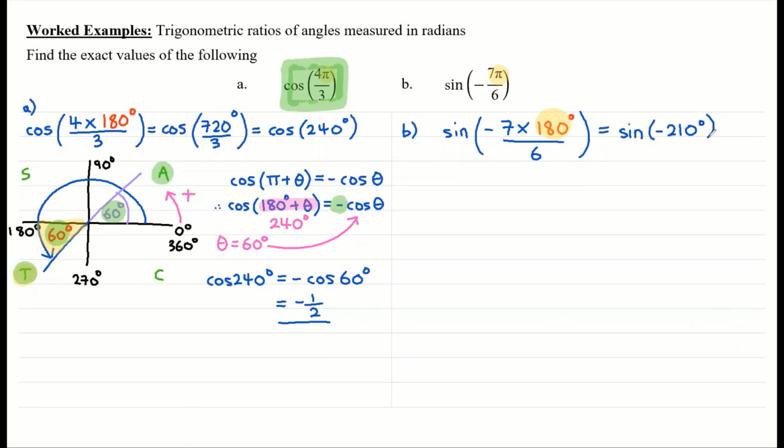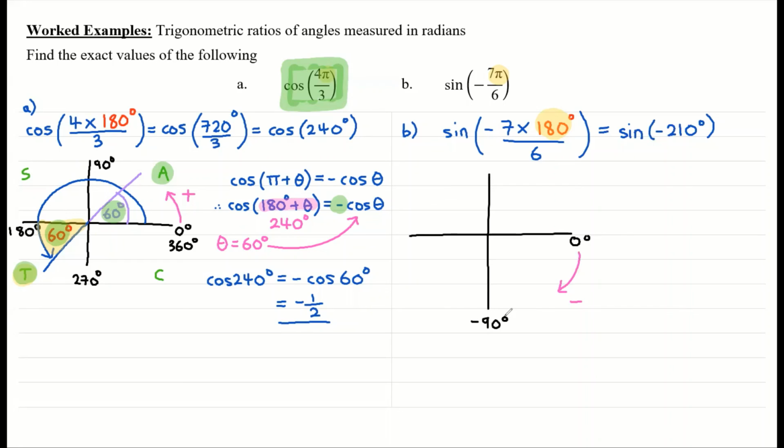Now, again, on a CAST diagram, where will this sit? Well, notice it's negative. Now, if I start at 0 degrees and move in the negative direction, in other words, this way, clockwise, the first port of call on my diagram would be -90 degrees there.